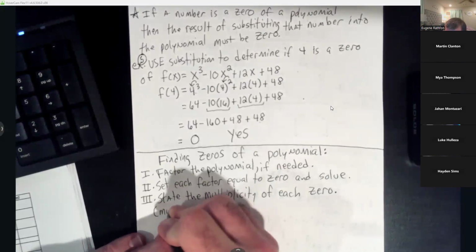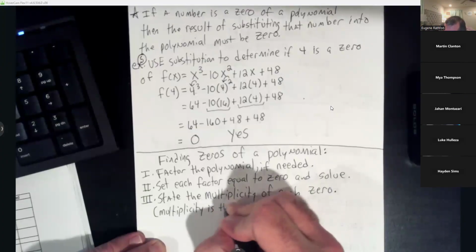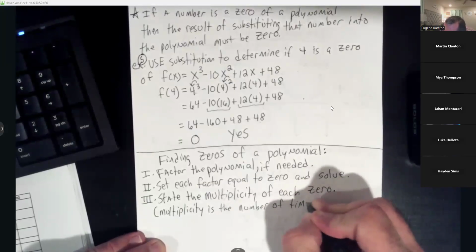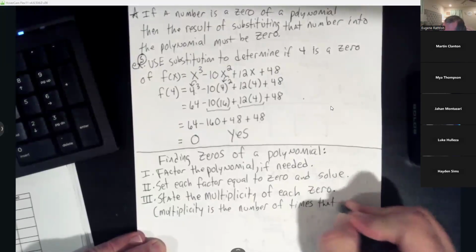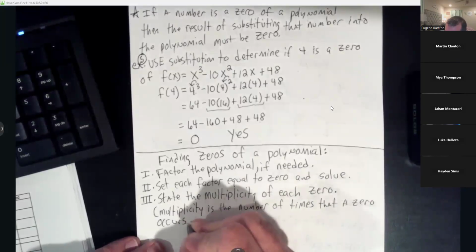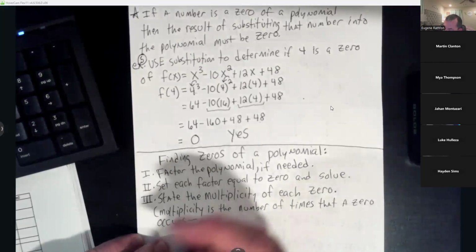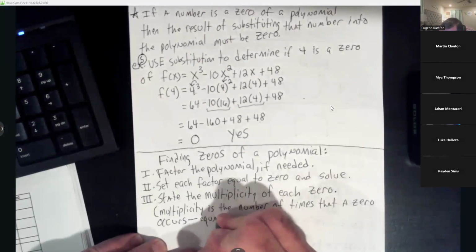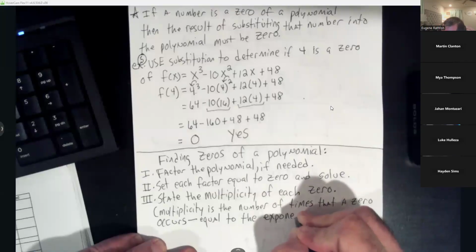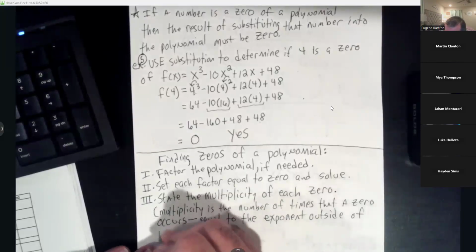Multiplicity is the number of times that a zero occurs, and it's equal to the exponent outside of the parentheses.